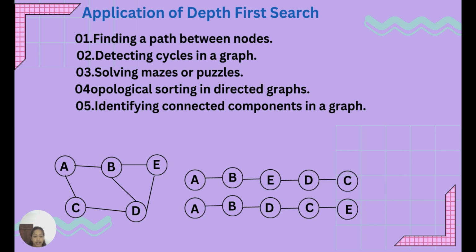Now let's look at depth first search in a graph. A depth first search on a simple graph starts with a node and goes as deeply as possible.